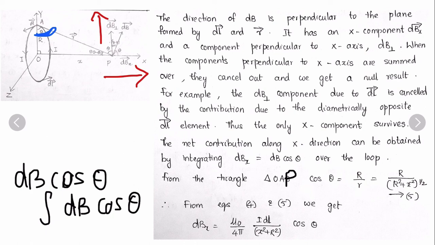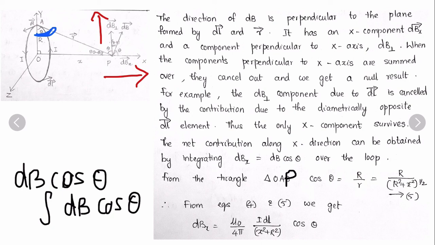Then cos theta is equal to capital R divided by small r, that is adjacent side divided by hypotenuse. Then small r, according to the Pythagoras theorem, is equal to (R square plus x square) whole to the power of 1 by 2. So this is the formula which we are getting.